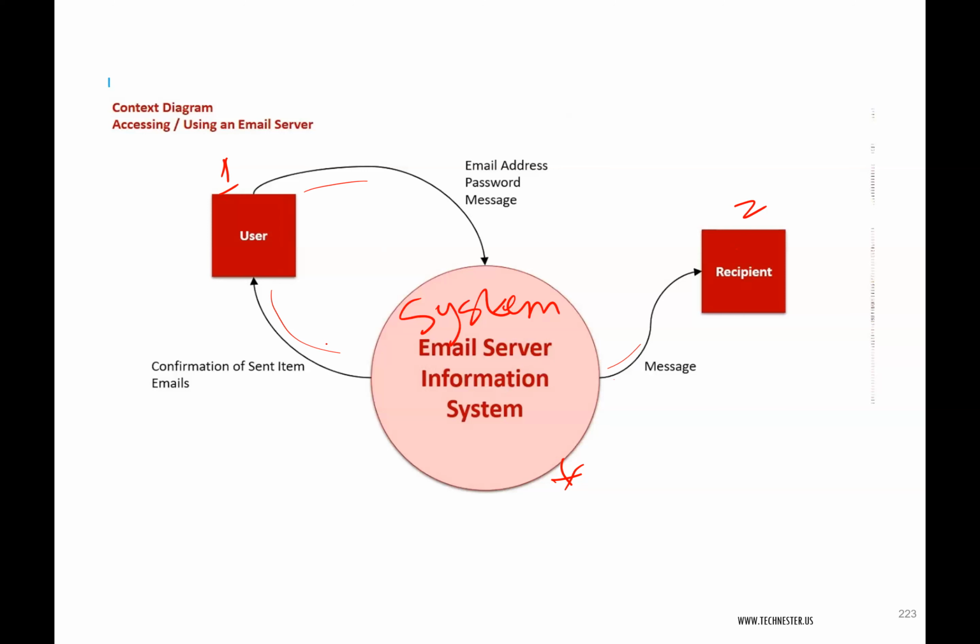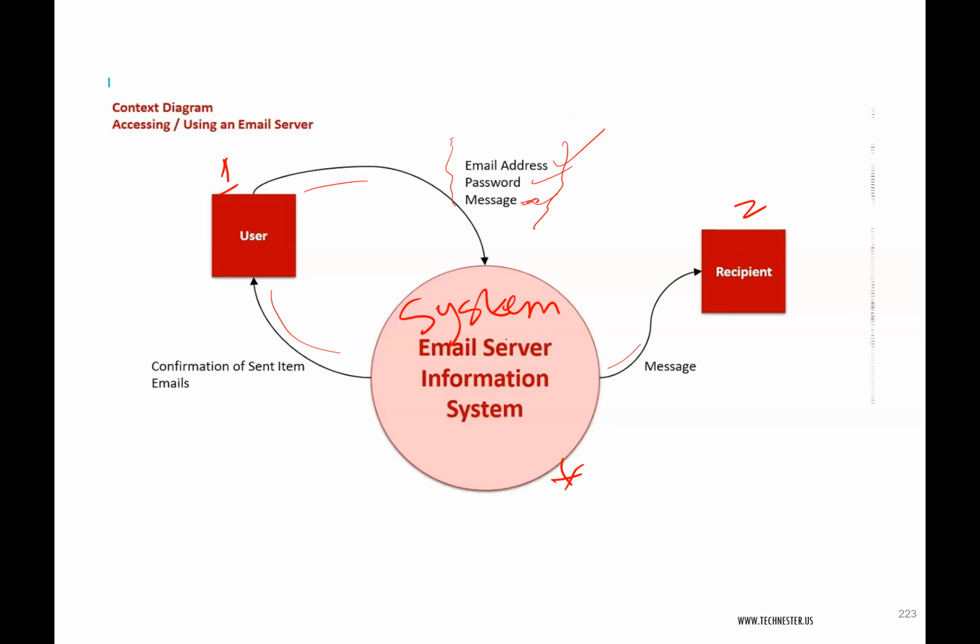Now, what does this diagram tell us? The diagram is telling us that this email server information system that we want to create will interact with two entities, a user and a recipient. So the user of the system will provide these types of messages into the system: their email address, password, and the message they want to send.